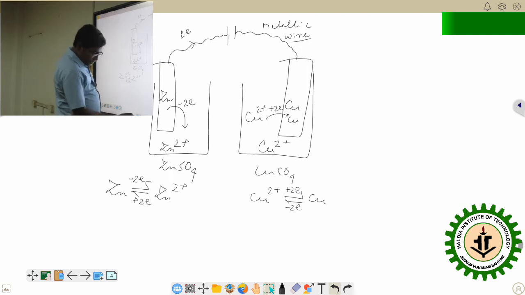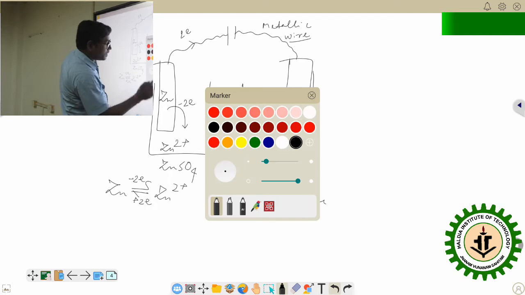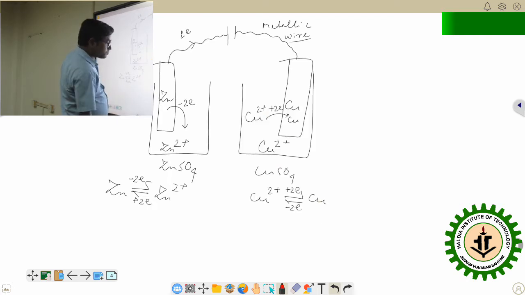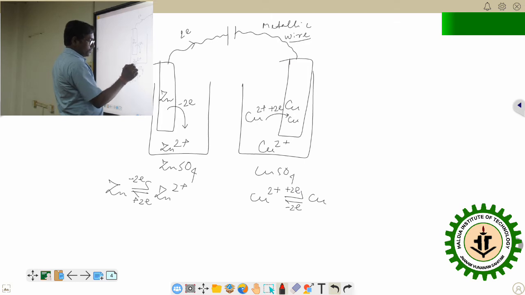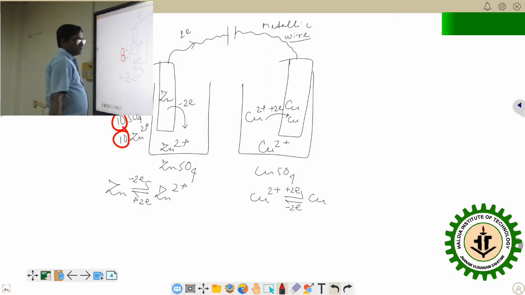When we took zinc sulfate solution, it has Zn2+ and also SO4 2-. Let us assume there are 10 sulfate 2- and obviously 10 Zn2+. That means the solution is electrically neutral.